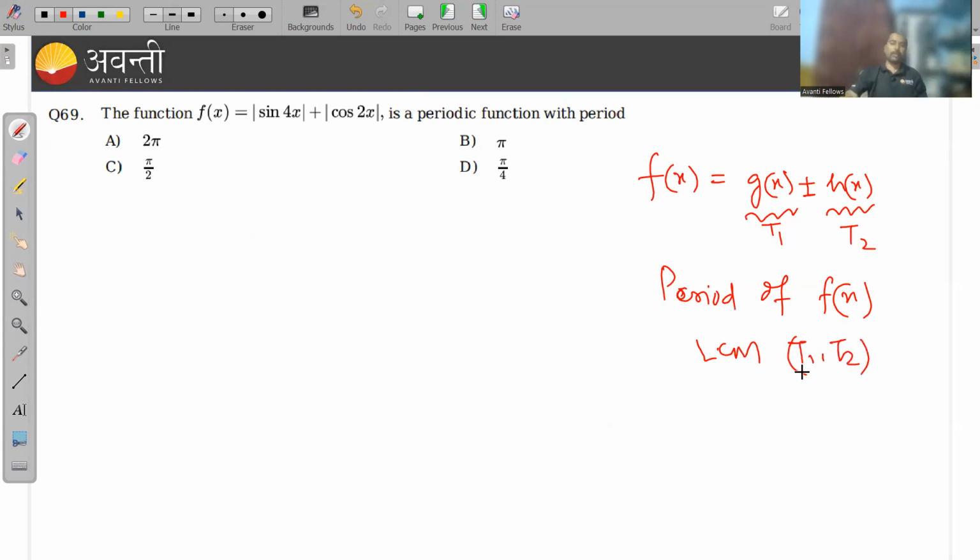So we'll use this concept, and also another concept I'm saying.